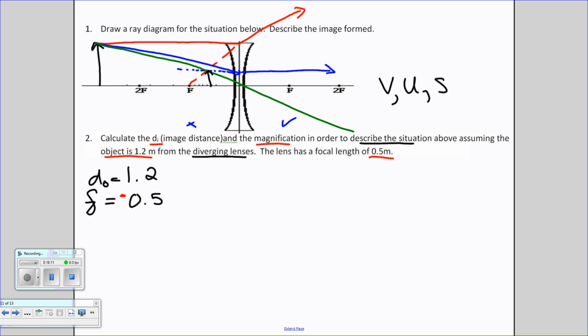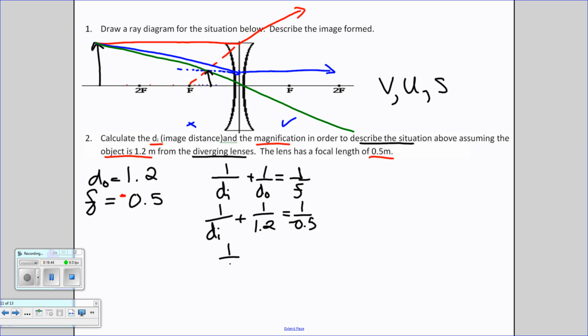So if I'm solving for DI, 1 over DI plus 1 over DO equals 1 over F. So 1 over DI plus 1 over 1.2 equals 1 over negative 0.5.